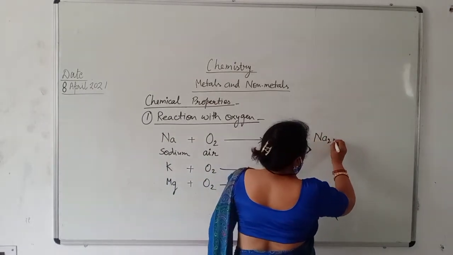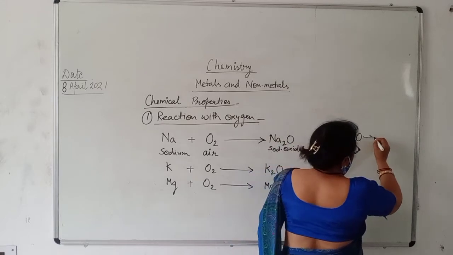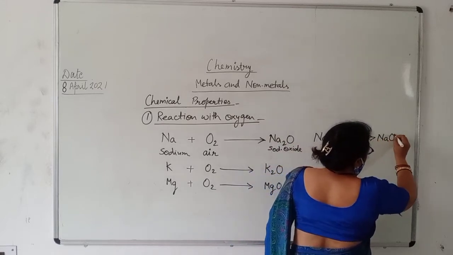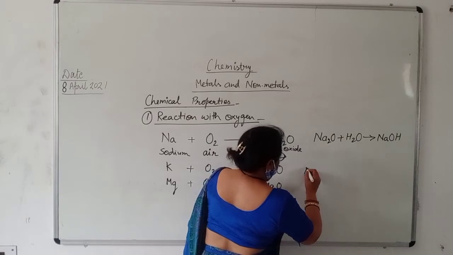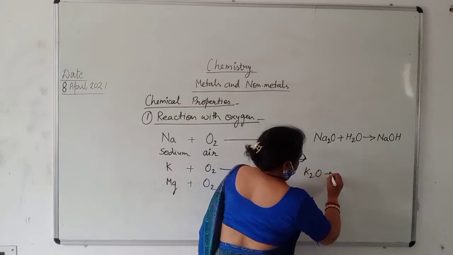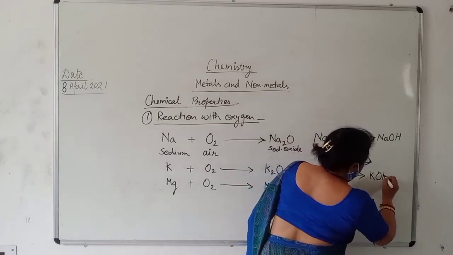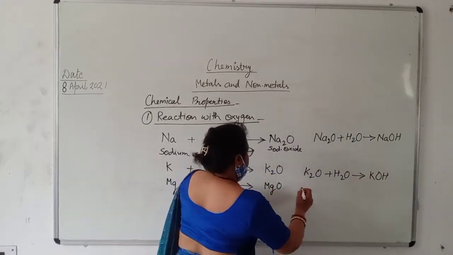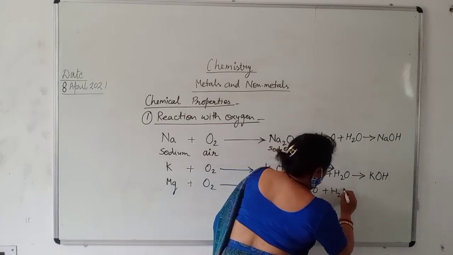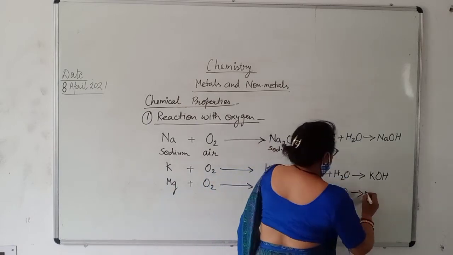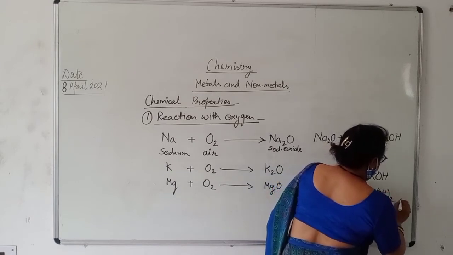If sodium oxide is dissolved in water, it gives sodium hydroxide. When potassium oxide is dissolved in water, it gives potassium hydroxide. And when magnesium oxide is dissolved in water, it gives magnesium hydroxide.